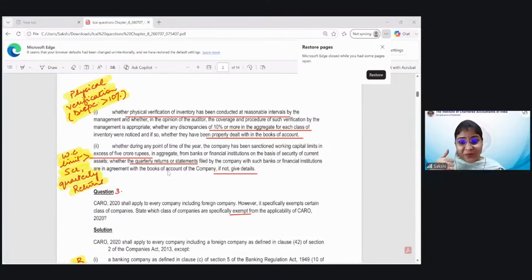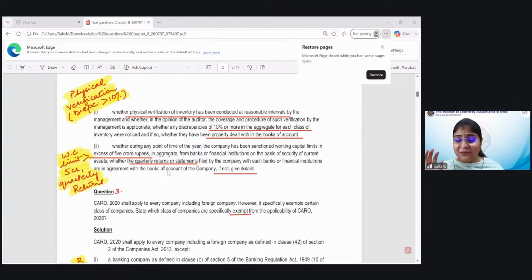Okay, so regular and appropriate physical verification of inventory. And whether any discrepancy of 10% or more in the aggregate for each class of inventory, class you understand now, were noticed? If so, whether they have been properly dealt with in the books of accounts or not.